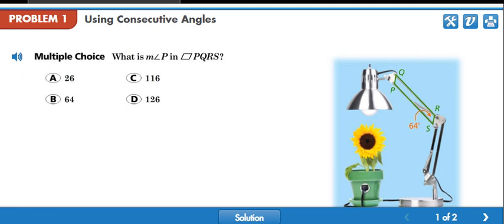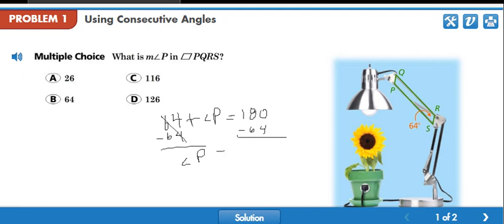So if we know that angle S is 64 degrees, and when we add that up with angle P it's going to equal 180 degrees, in order to find this angle we would subtract 64 from both sides, and we would get angle P is going to equal 116 degrees. So my answer would be C right there.